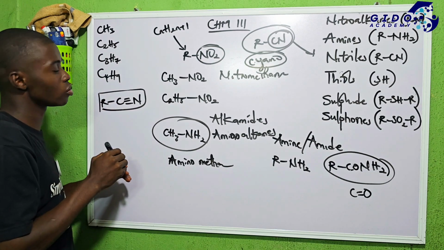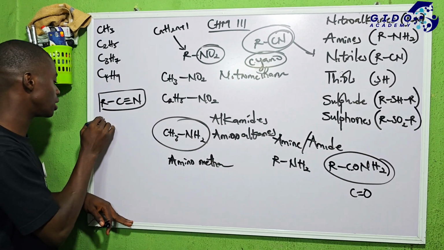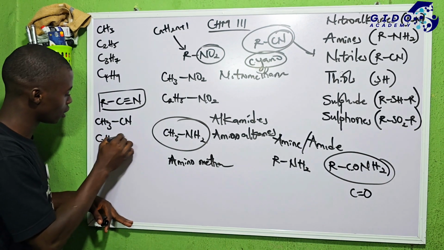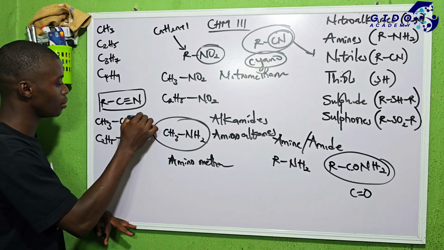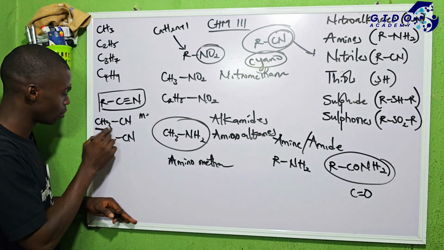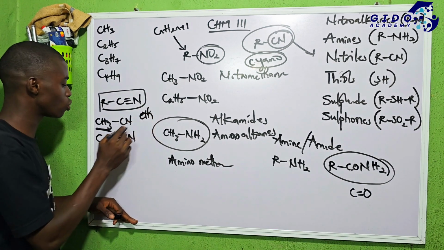But there's something I want you to take note of. As long as R is an alkyl, it can be CH3CN or C2H5CN. Remember, we cannot call this methane because there's a carbon atom in the CN.